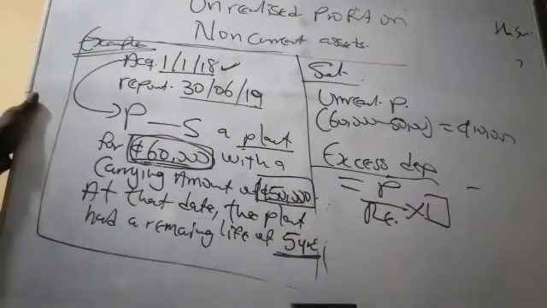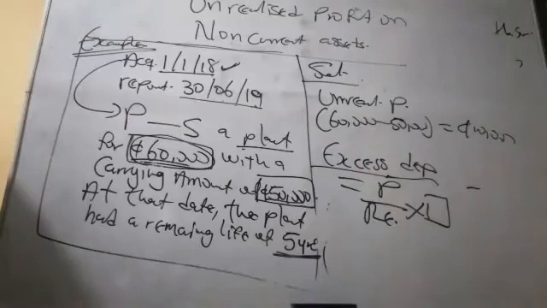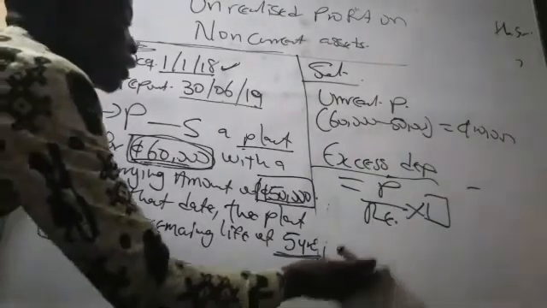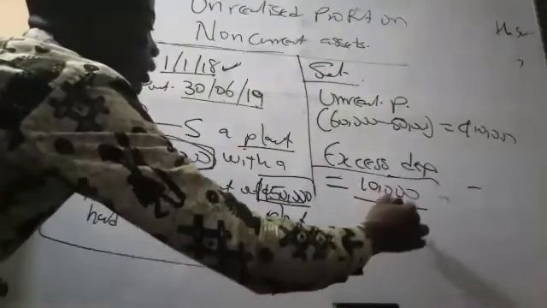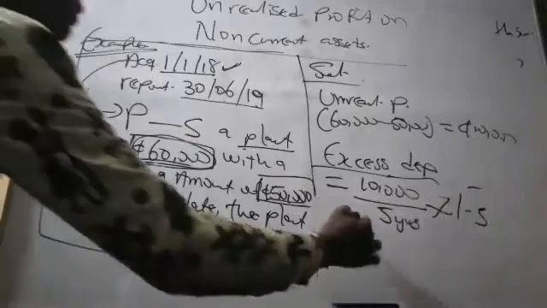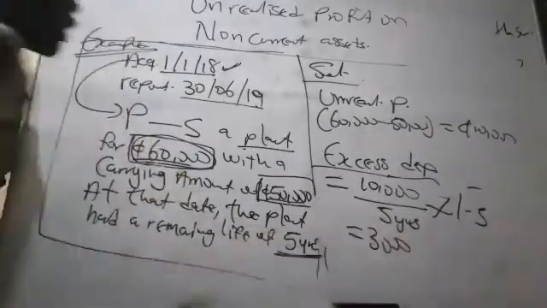That's the period of consolidation. You are done. Profit divided by remaining useful life times the period of consolidation. So let's see if we can get that 3, which is equal to profit of 10,000, divided by 5 years times 1.5. So that gives us 3,000. We are done.